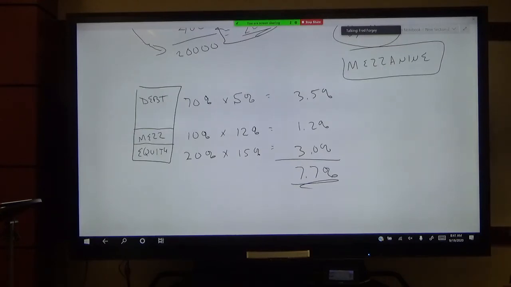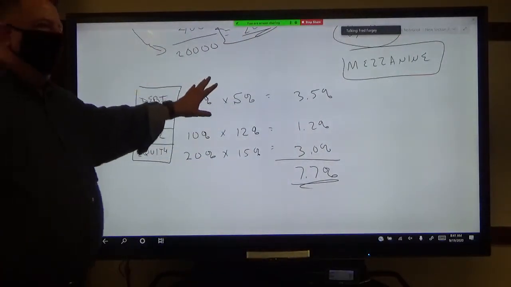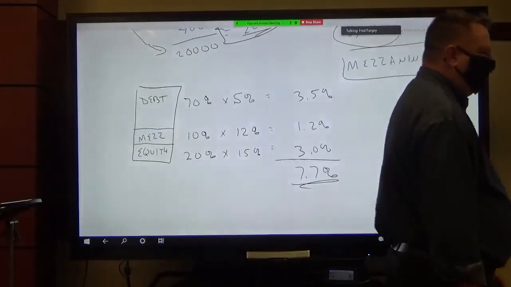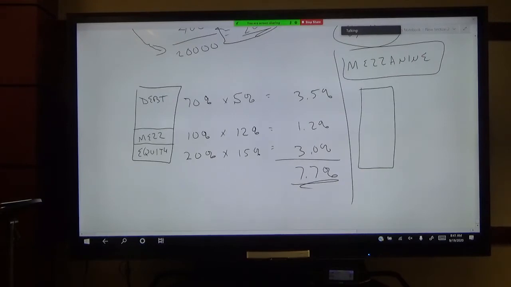Now, what may be the case with a lot of mezz players, though not in this particular example, is that the mezz player allows you, as the equity player, to reduce the amount of capital that you have to put into the deal. If you think about it, we could have created another situation where we've got equity, we've got mezz, and we've got debt.